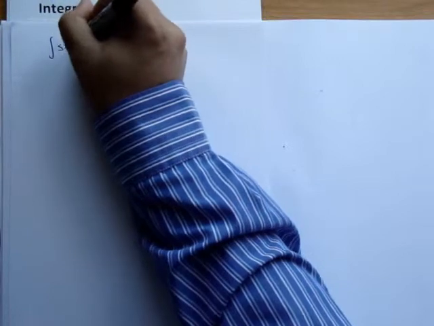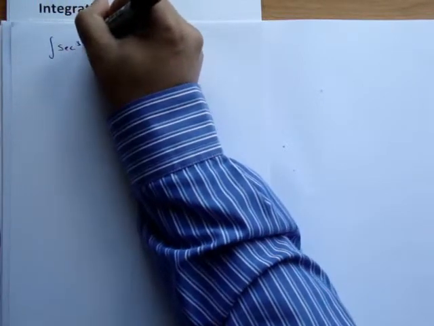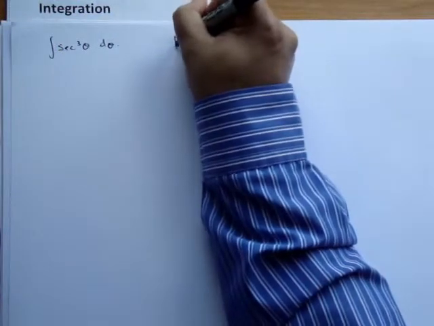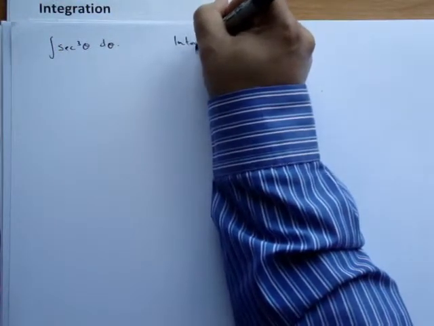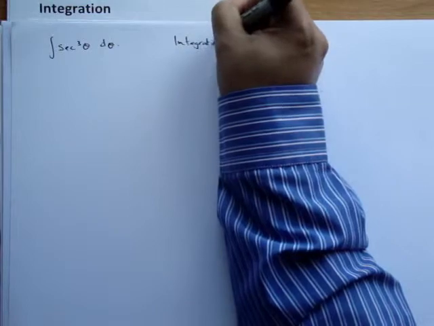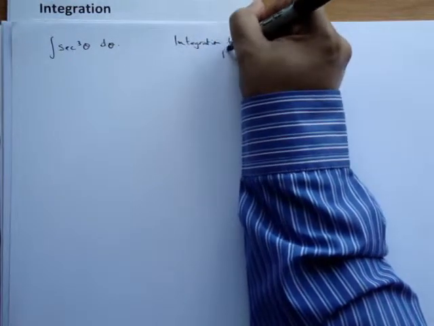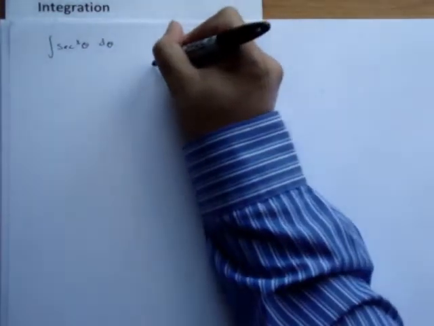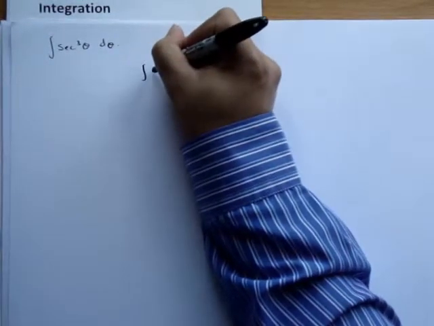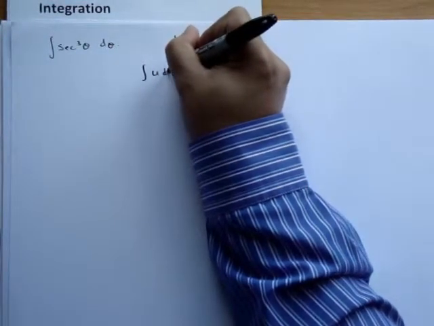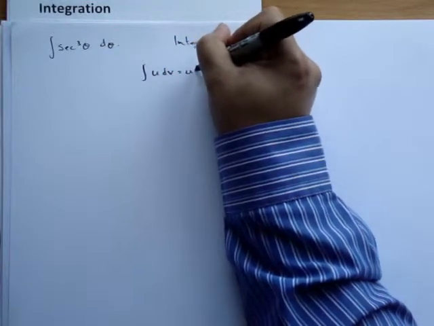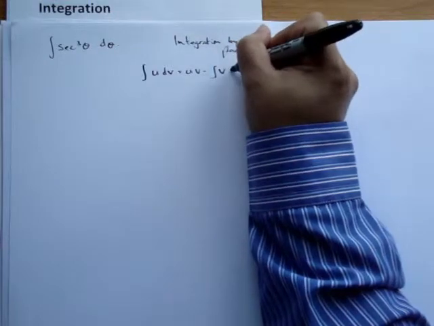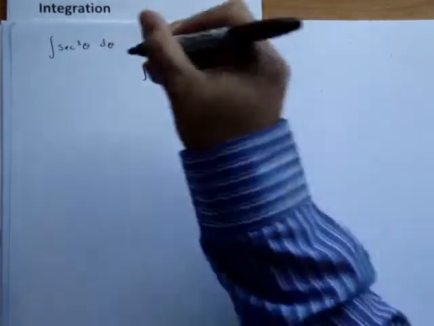Integration of secant cubed theta d theta. We do this by integration by parts, using the formula integral of u dv equals uv minus integral of v du.